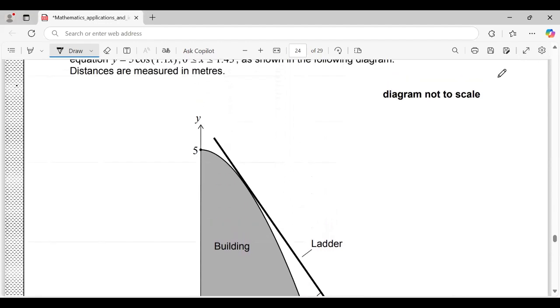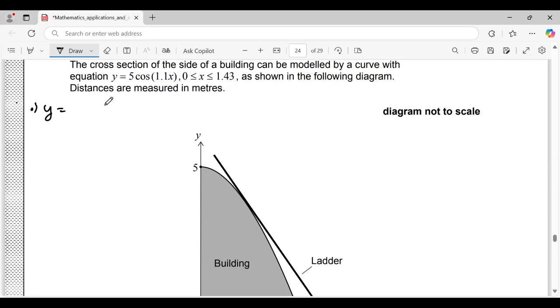The first step, we're going to find the derivative of the function. The function is 5 cosine 1.1x. And the derivative of this function is minus 5 sine 1.1x.